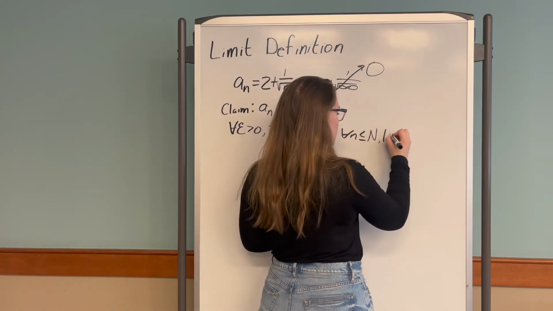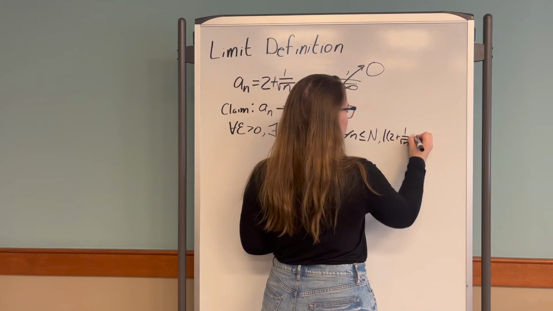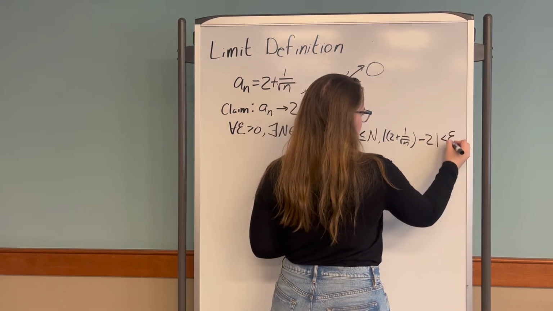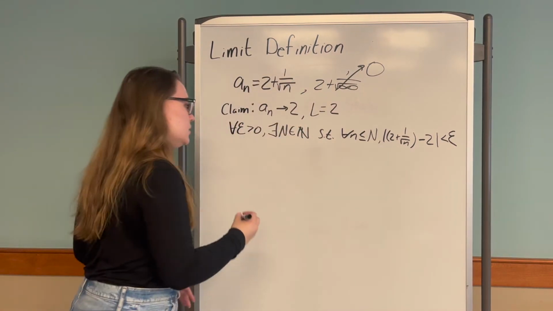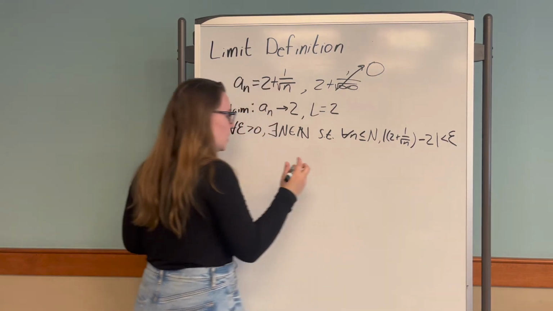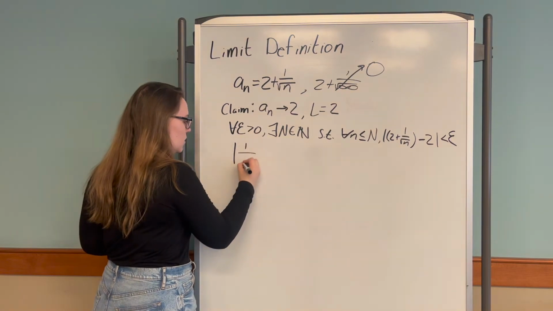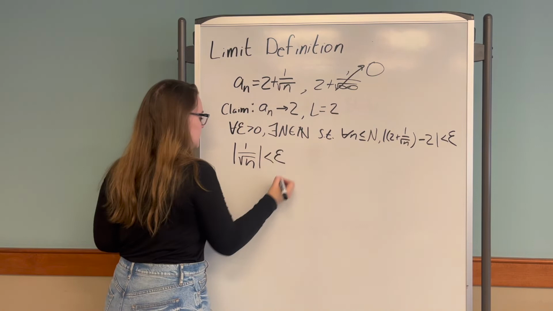So that's the absolute value of 2 plus 1 over square root of n minus 2 less than epsilon. And now we only want to look at this final part over here. So you see here that 2 and minus 2 cancel out, so we are going to be left with the absolute value of 1 over square root of n less than epsilon.